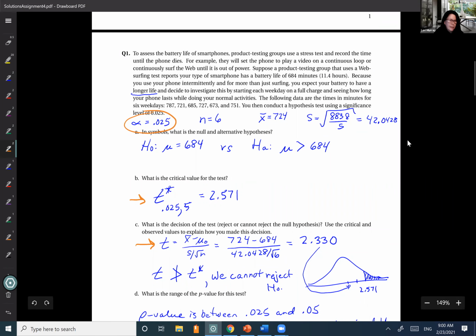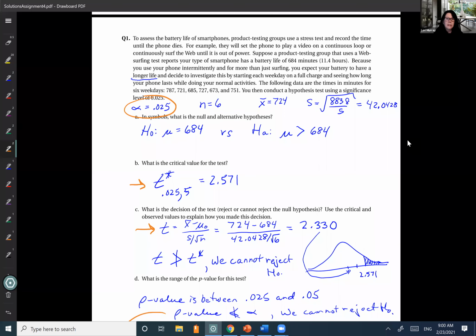And that would just all be mumbo jumbo to someone who doesn't know this test. So what you would say is we conducted a formal statistical test, and we concluded that the web surfing report of the average battery life of this particular smartphone is 684 minutes, and we conducted a test to confirm that that is most likely true. Right?